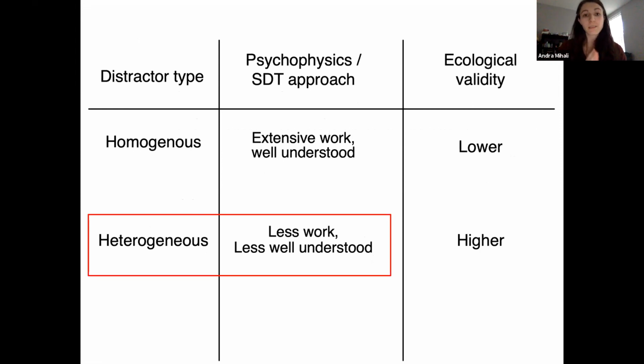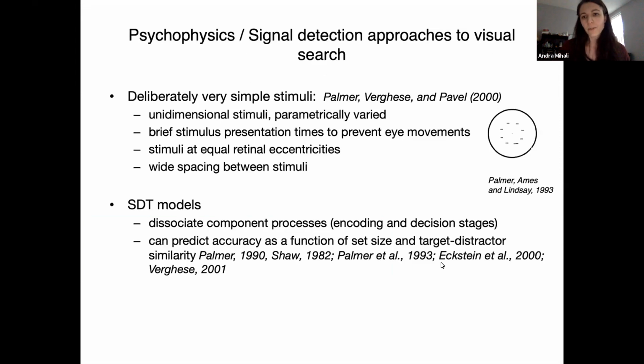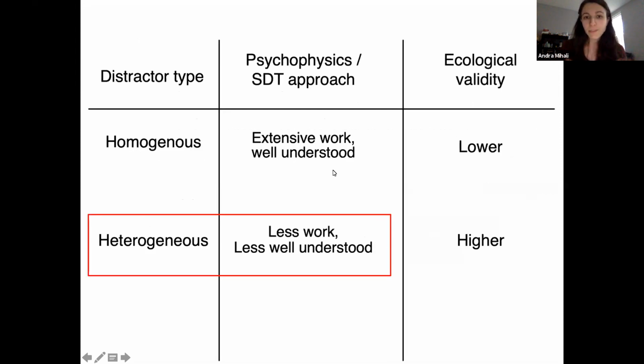In order to keep calculations tractable, psychophysics signal detection SDT approaches to visual search have tended to use homogeneous distractors, such as in the previous figure, where we see that all these distractor lines are the same length. So this simplified calculations. However, this happened at the loss of ecological validity, because in the real world, as we said, distractors tend to be heterogeneous.